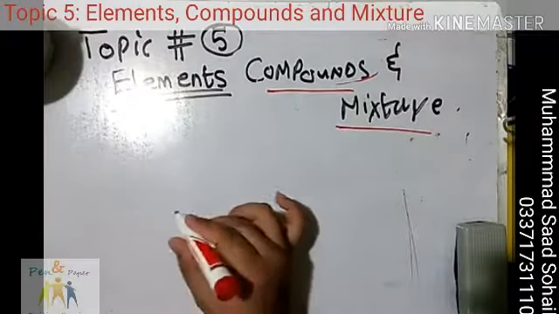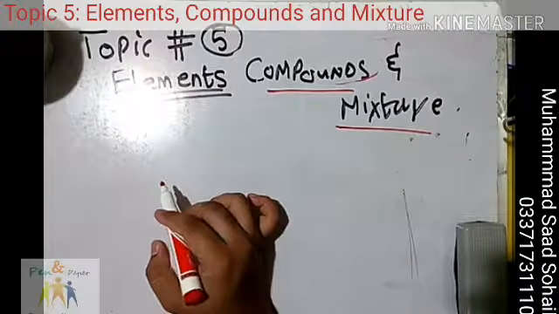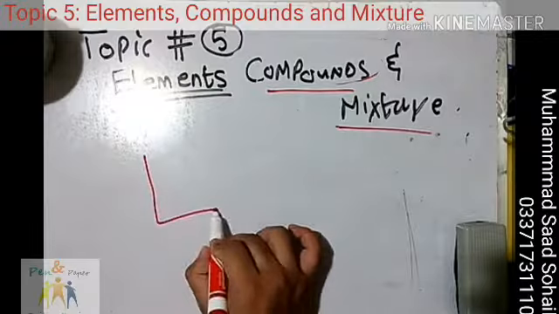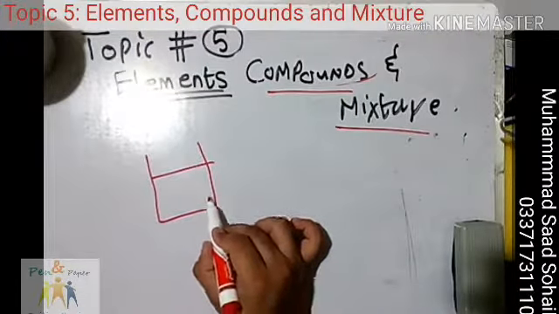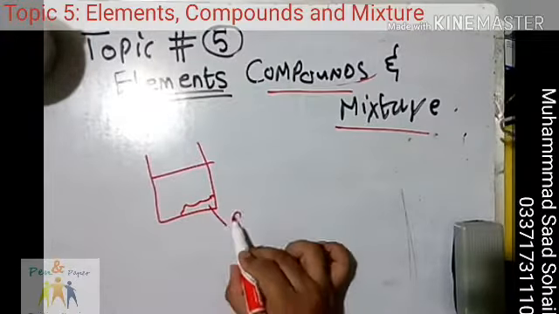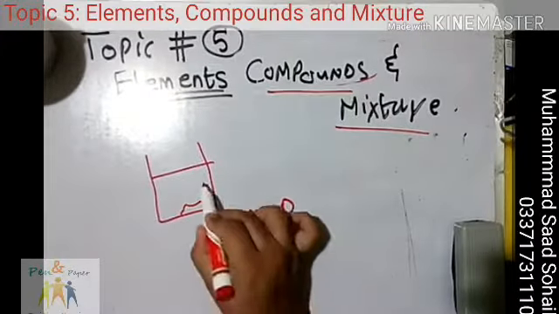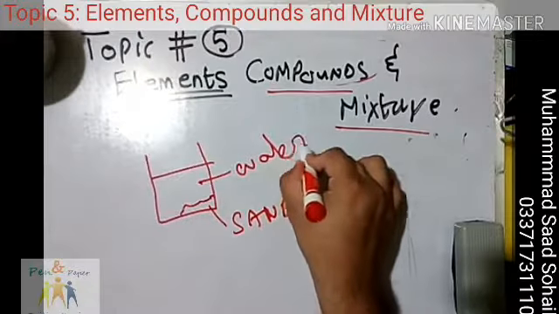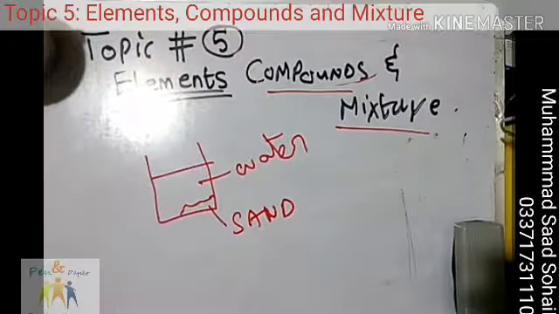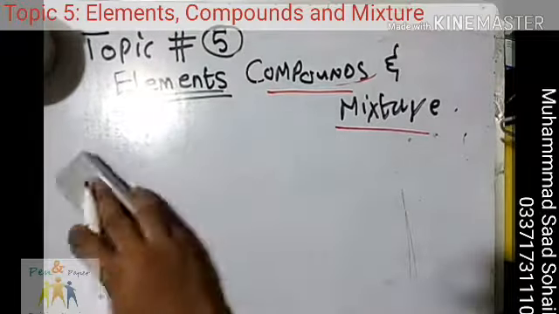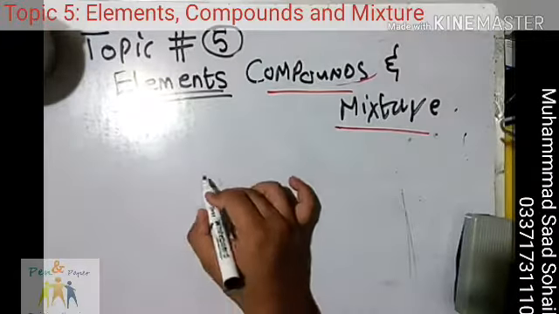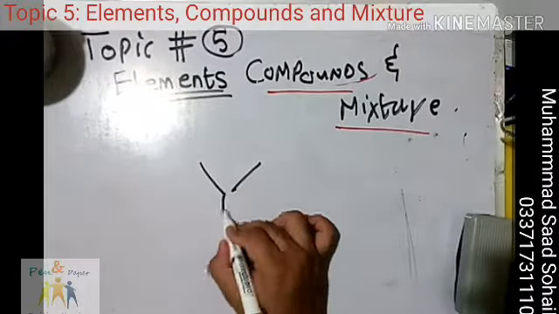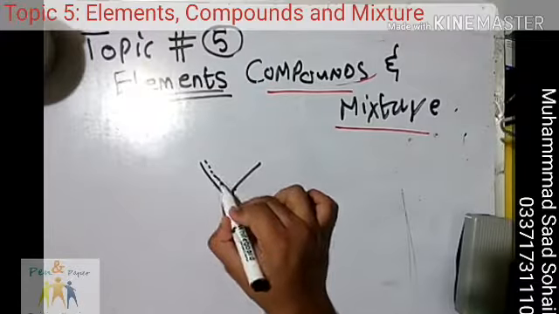Let's say that there is a mixture of water and it has sand in it. You have water and you have sand. If you want to separate sand from water, what you would simply do is pour this into a filter funnel which contains a filter paper.